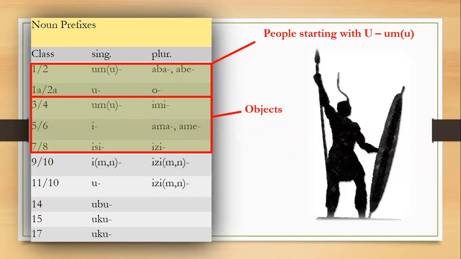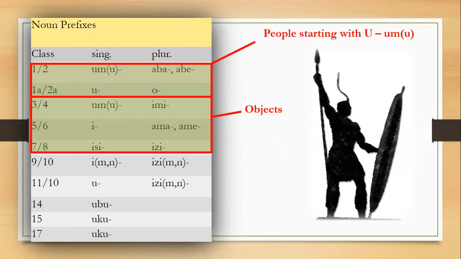With noun class 1 and 2, you'll basically figure out that it's referring to a person, because you would get a word like umuntu, umlungu, umakhi.